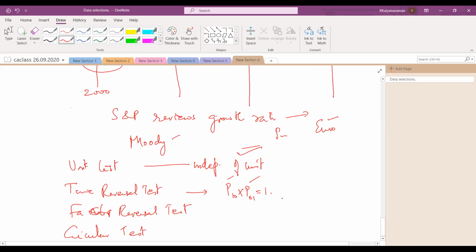So it is a reverse. Laspeyres method and Paasche's method do not pass this test. Do not clear this test. But Fisher's index clears this test.